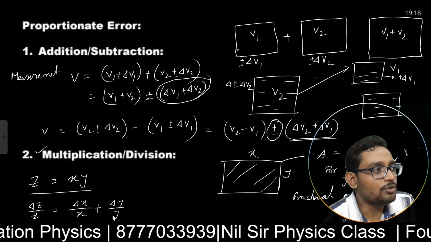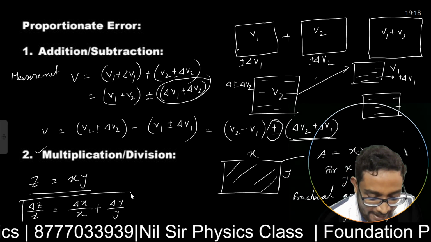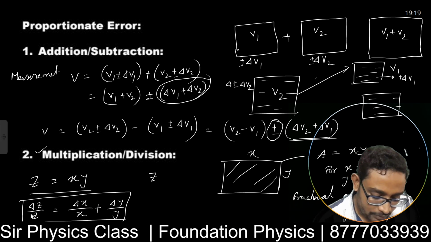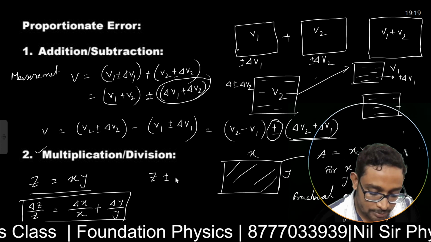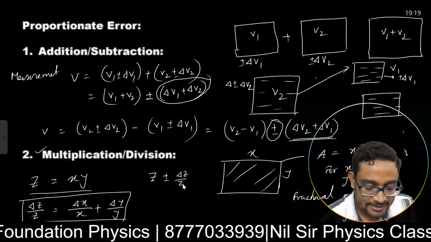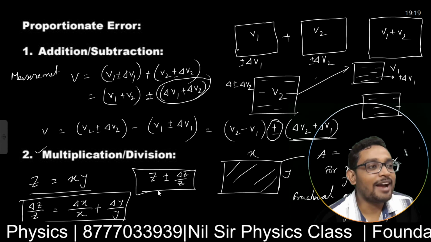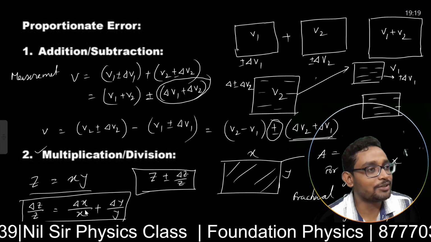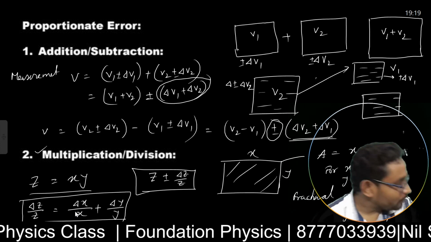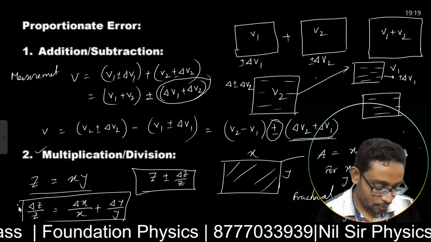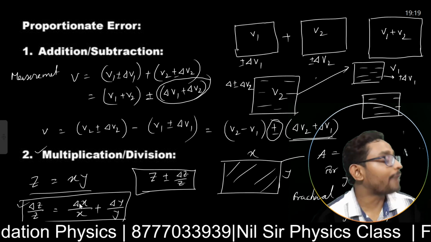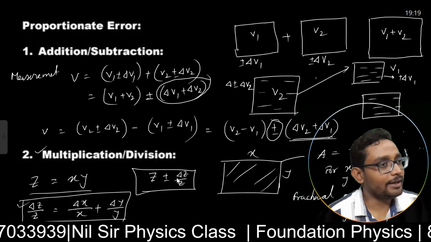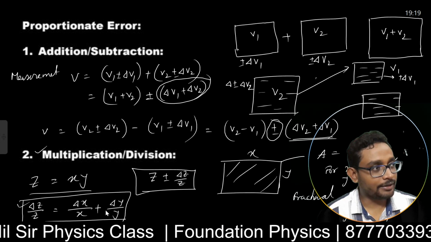This will be the total amount, and for your measurement you will add plus minus delta z. Your actual value you take plus minus the error, not in this equation. So this is your fractional error. In your value or measurement you will add or subtract this, okay, not here.